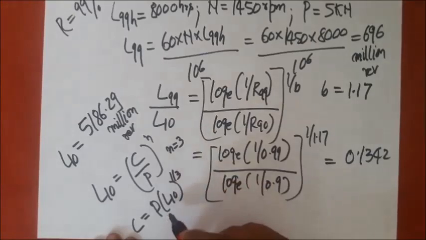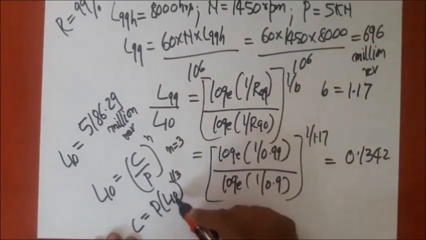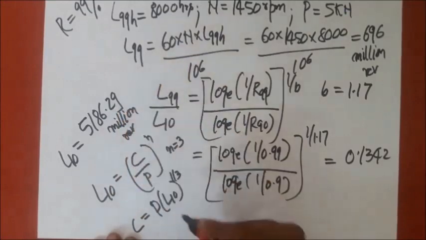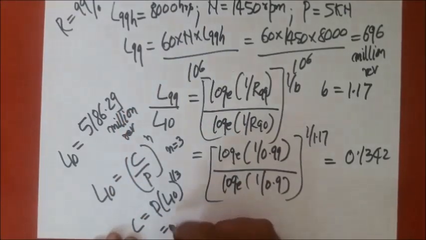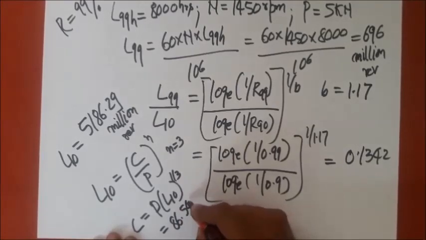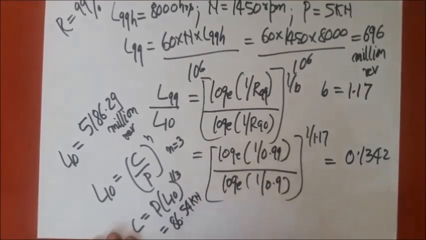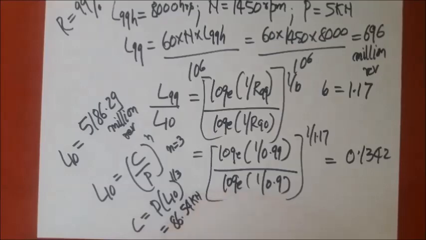On substituting the value of P, that is 5000 newton, and L10, that is 5186.29 million revolutions, we get the value of C as 86.54 kilonewton. So this is the final answer: the dynamic load carrying capacity of the bearing which has reliability of 99%, which is to be selected from the manufacturer catalog, is 86.54 kilonewton.